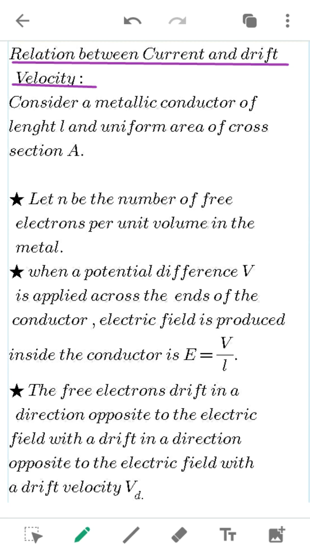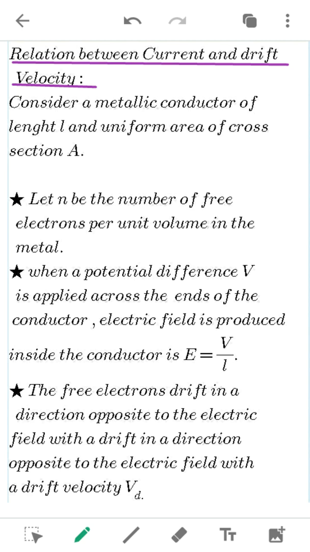In the previous video, we have seen what is meant by drift velocity and Ohm's law. These equations are connected to one another and are very important from your exam point of view, for your annual exam as well as for your entrance exams.